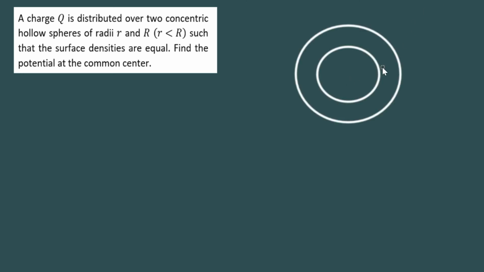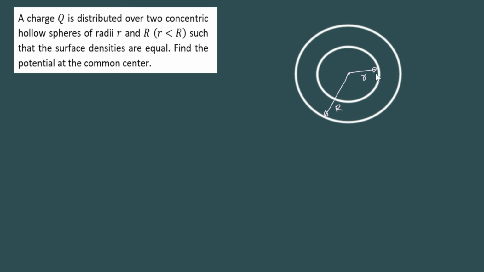Here I have drawn two spherical shells. The radius of the inner shell is small r and the outer shell is capital R. This charge Q is distributed between them.